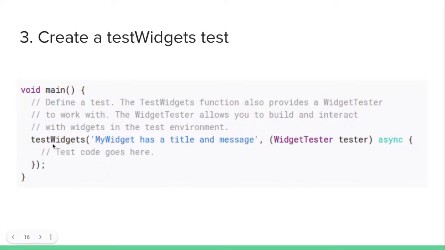So testWidgets is like test in the Flutter test package for unit testing, but I think the only difference between them is there is a WidgetTester object here. So this test verifies that my widget displays a given title and message. It's titled accordingly, and it will be populated in the next section.